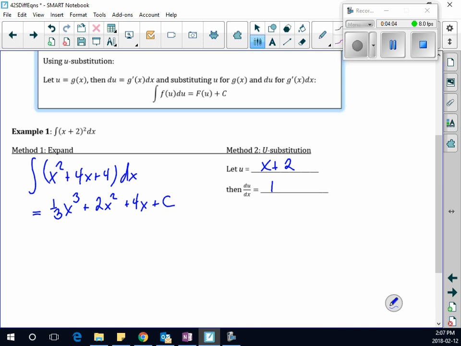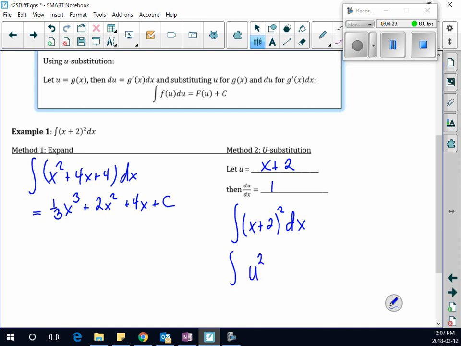So the integral of x plus 2 squared dx. Now the problem here is I can rewrite x plus 2 with a u. So we'll do that. And this becomes u squared.